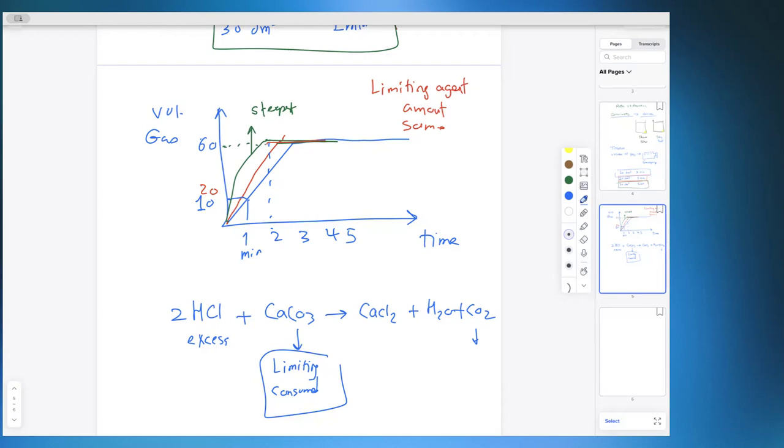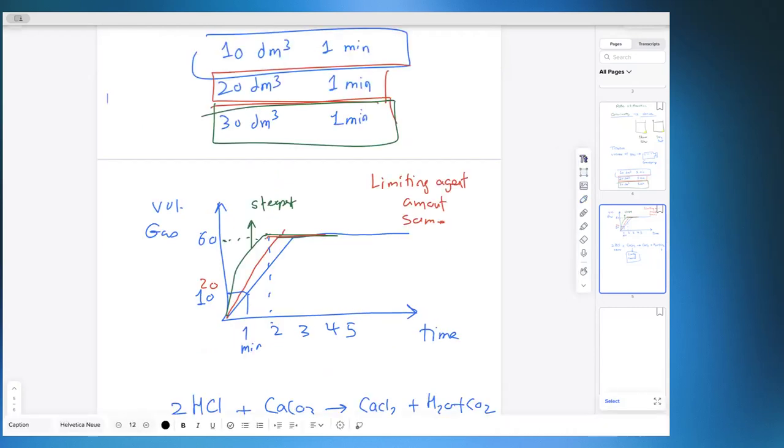Then the limiting reagent is consumed. What is the use? Even if I am fast, the reaction has already stopped. The only thing I will see is that the rate of the reaction changes the steepness of the curve. A higher curve is produced if I have more limiting reagent.